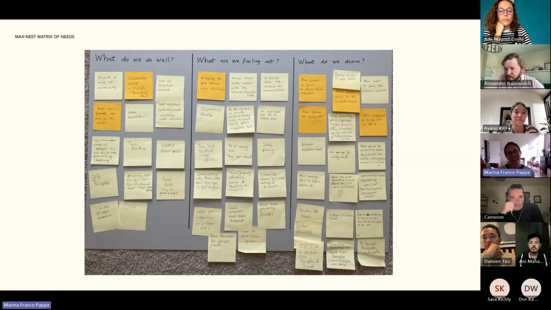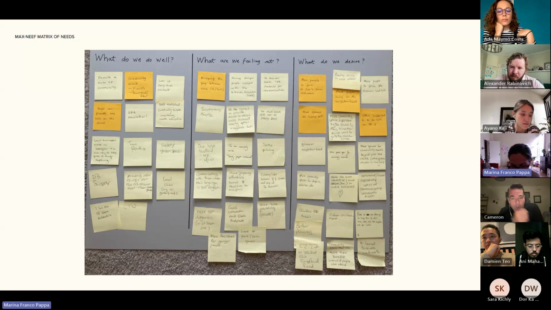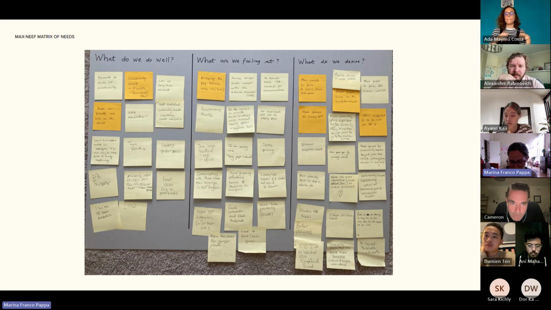Then I was trying to apply the matrix of needs to understand these nodes that were put together. And I must say, I struggled a lot. We had already had a conversation last week about how difficult the matrix is, and how sometimes things might fall into all different categories.